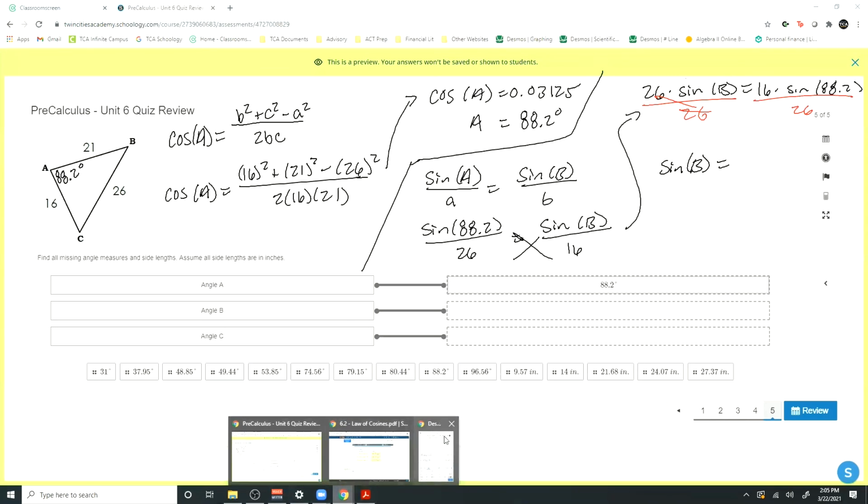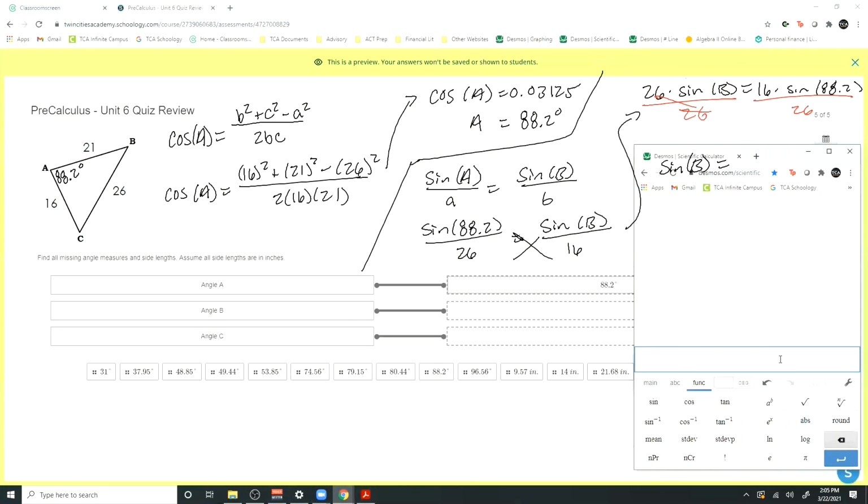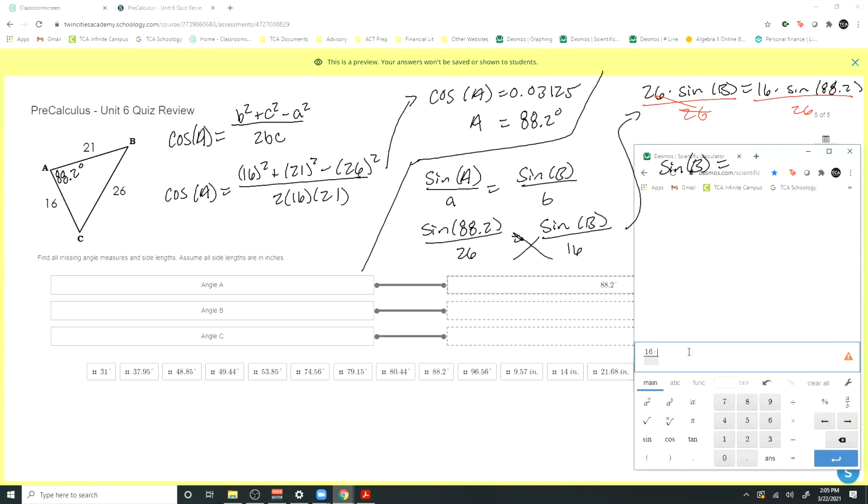So again, go back to the calculator, clear this up, plug this in now. A fraction, 16 times the sine of 88.2 over 26. Sine of b is roughly 0.615.